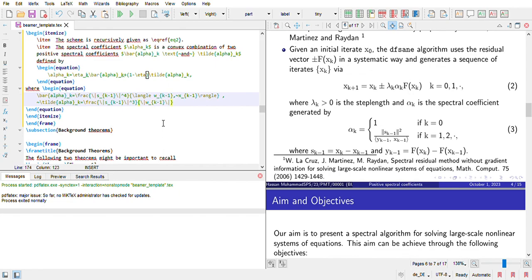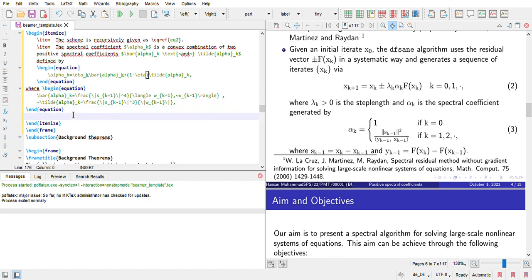So again, here we also have some unknowns, which are w_k and eta_k. So we have to know what eta_k and w_k are. Maybe in this equation we can put the eta_k there, or we can just put a comma, and then exit from the equation environment.